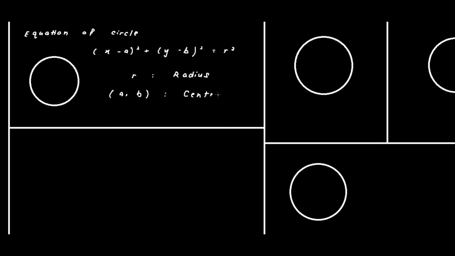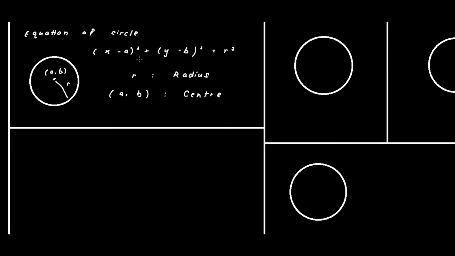So these are the two pieces of information that you need to form an equation of circle. If this is (a, b) and you have a radius of r, you just substitute everything into the equation and that will be your standard form for the equation of circle.